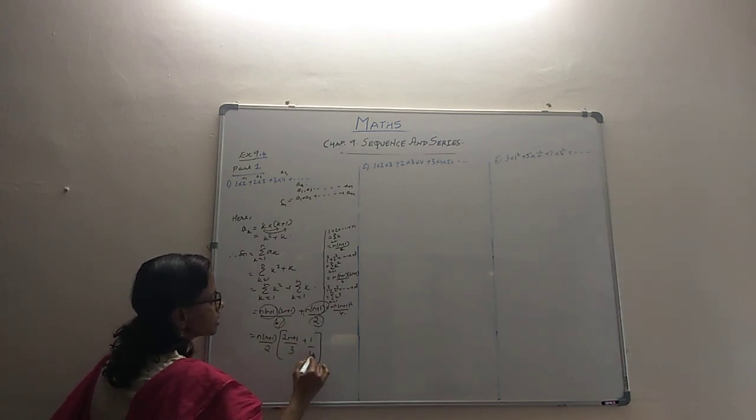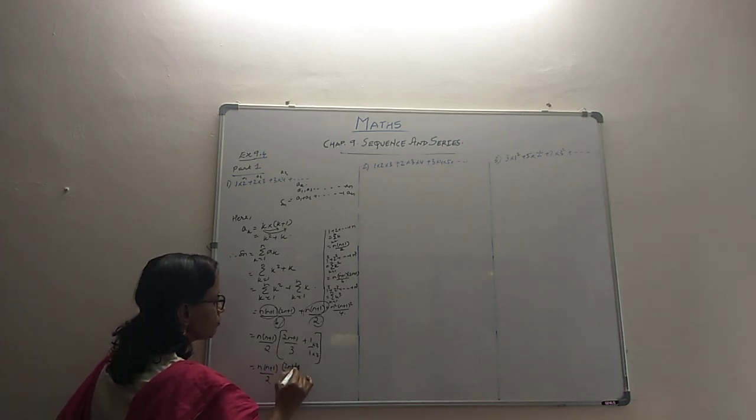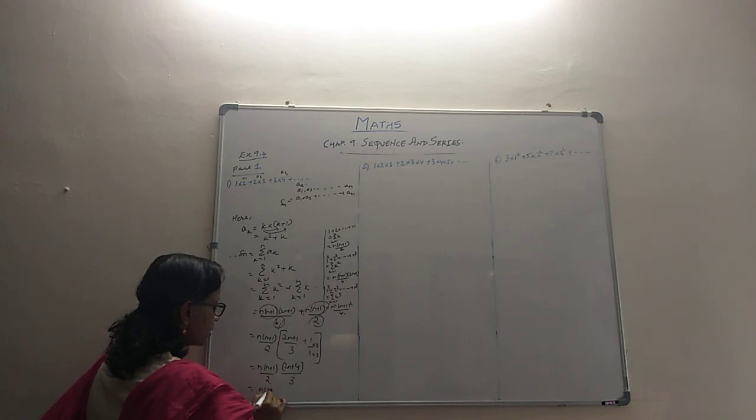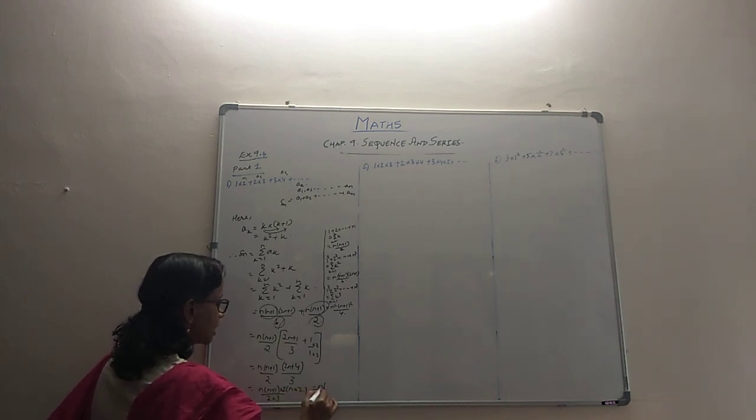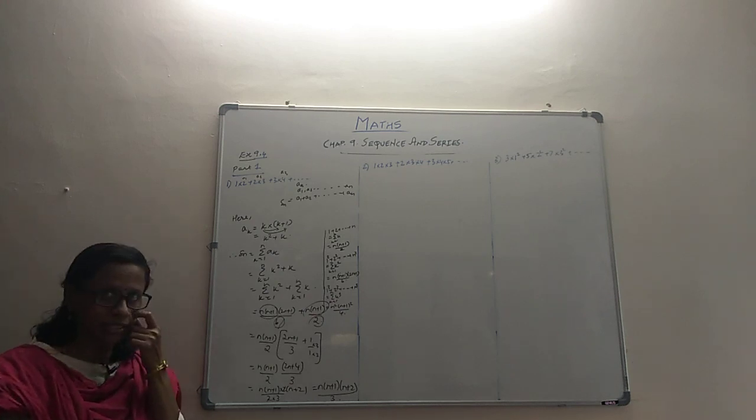Then we equalize it into 3: n into n plus 1 by 2 times 2n plus 3 plus 1, that is 4, by 3. Taking 2 common, we get n plus 2. So you get n into n plus 1 into n plus 2 by 3 as the sum. This is the required sum, and this is how we do it.